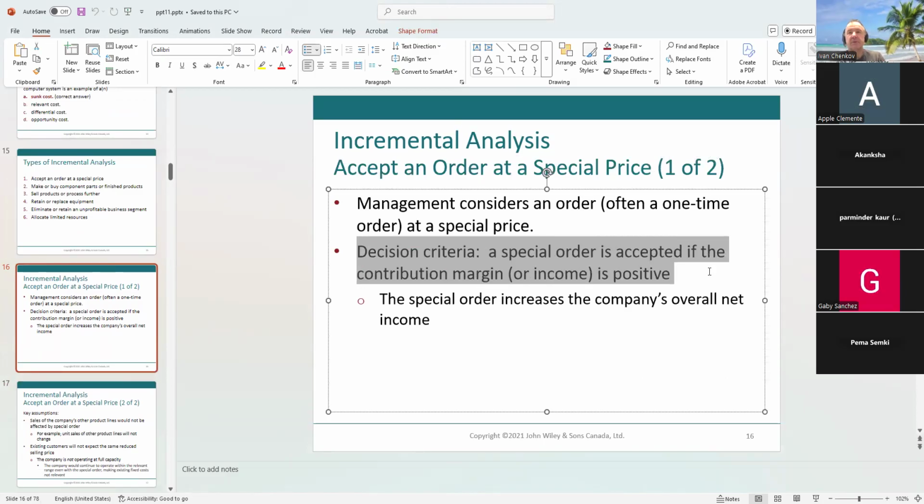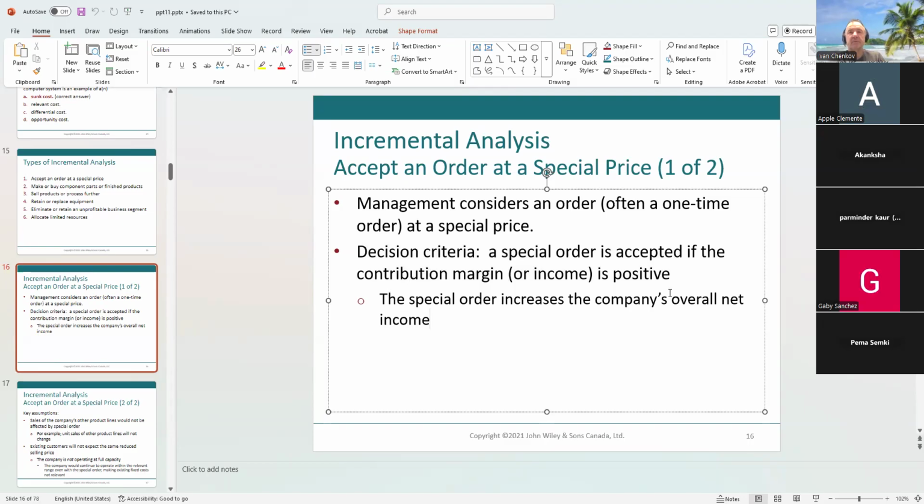What's the decision criteria here? The special order is accepted if the contribution margin or income is positive. So when the contribution margin is going to increase the income, when you cover the fixed cost.